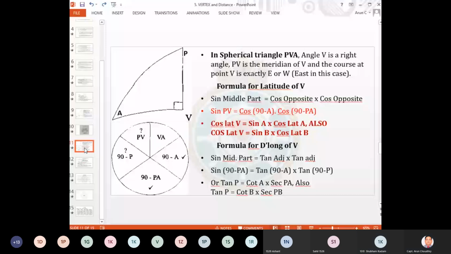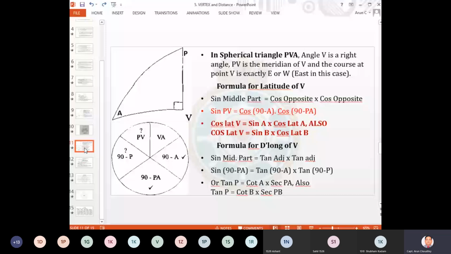So let everybody complete. I hope how to calculate the latitude of vertex is clear. Yes, sir. Okay, so should we proceed further? Has anybody any doubt in how to calculate the latitude of vertex?